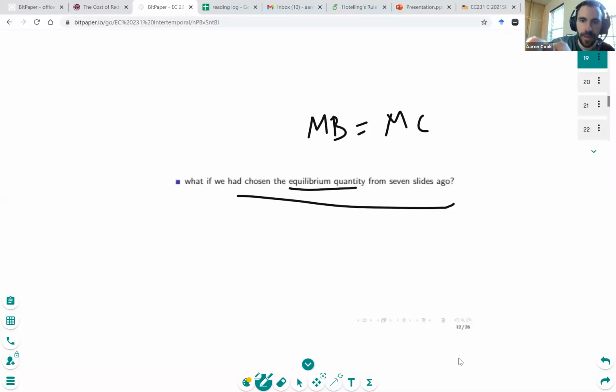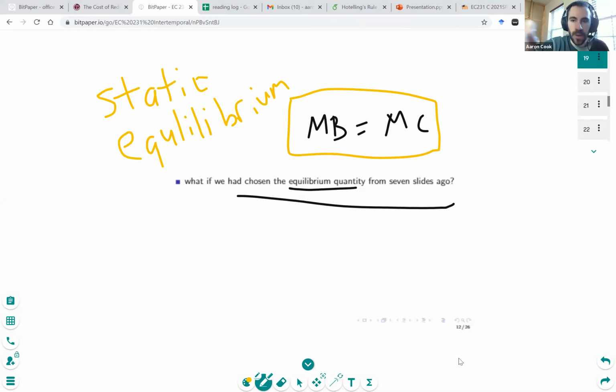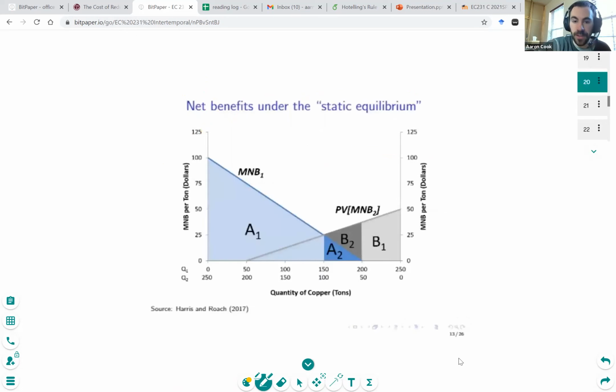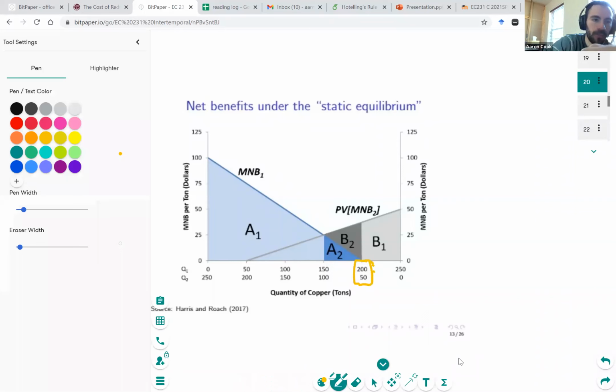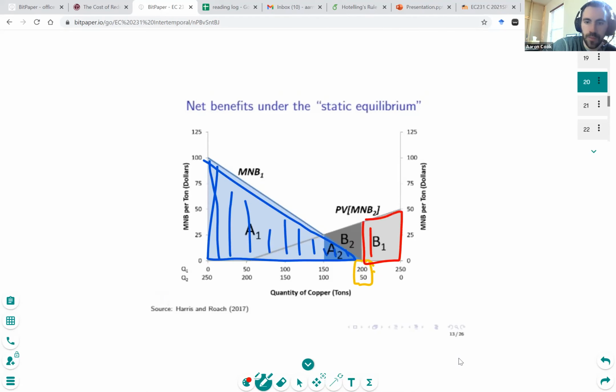Remember this static equilibrium, MB equals MC. Choosing that equilibrium, remember, was at 200 in period 1 and 50 in period 2. And we talked about how the total benefits associated with that were the area A1 plus A2 plus B1.